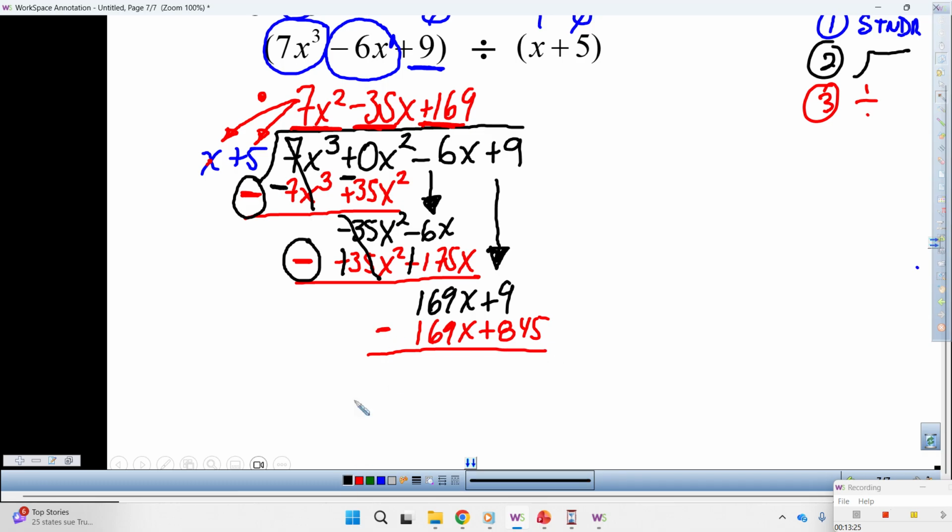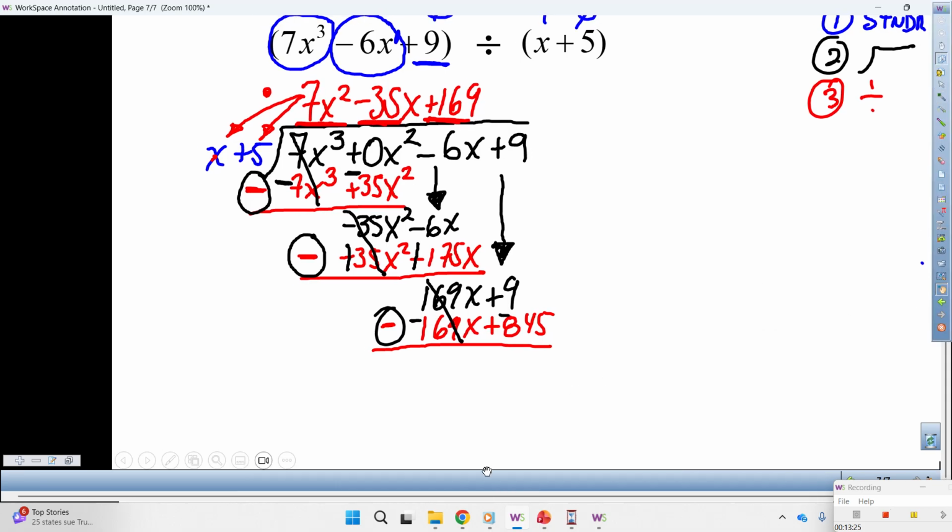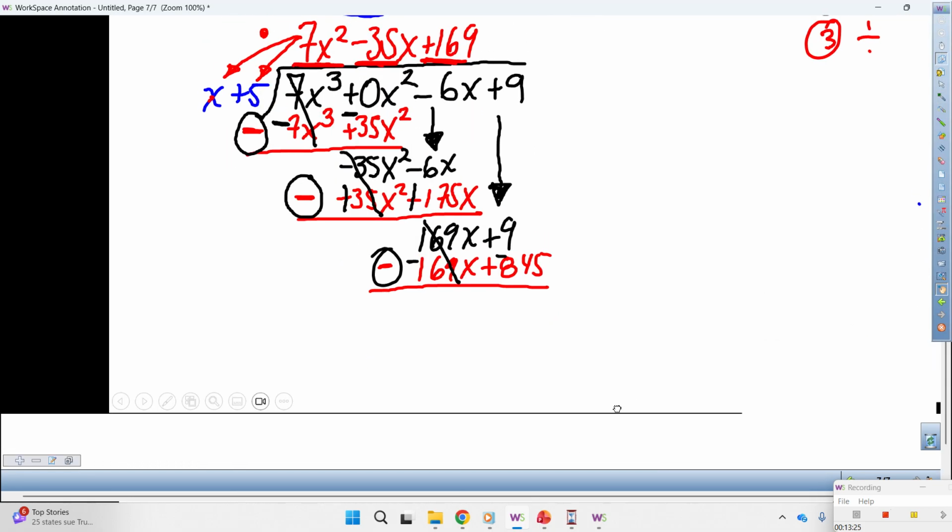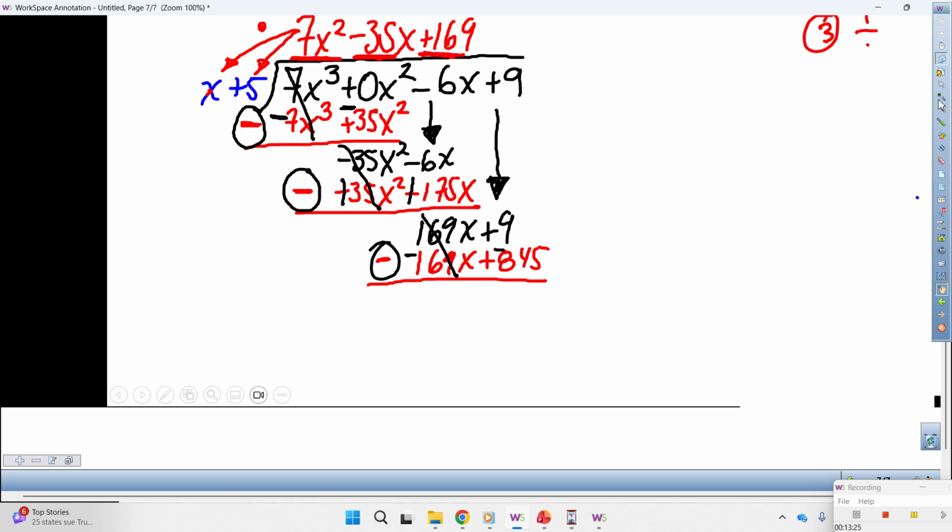Put a subtraction sign. Distribute that one here and here. This cancels. Let me move this up for those of you that are in the back. Negative 845 plus 9 gives us negative 836.